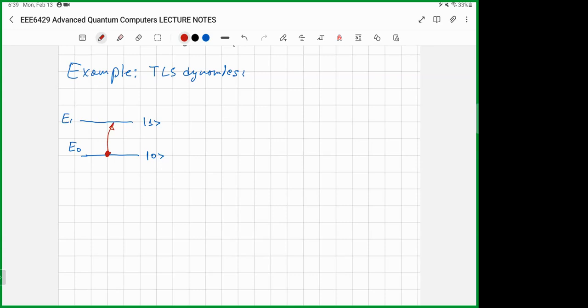When my red dot is in the ground state, my qubit is in the lowest energy state. When I excite it, or in general it can jump up to the excited state, and then I say that my qubit is in the excited state.